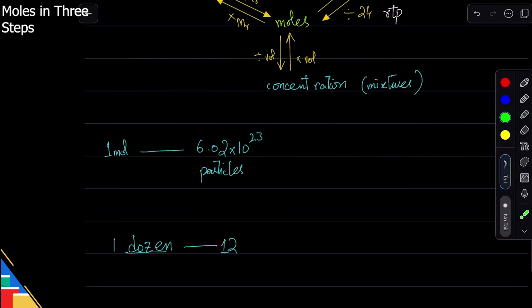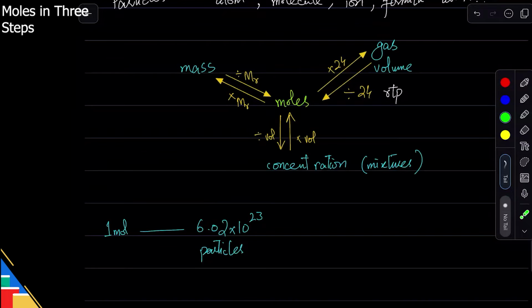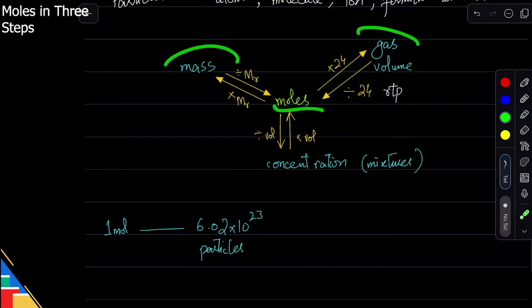In moles, I simply find moles through this, or this, and then I can multiply with this to find how many particles I have. So this is one way of finding moles. You take mass, divide by MR, you get moles. You take gas volume, divide by 24 to get moles. You want to go back, moles times this or moles times this.